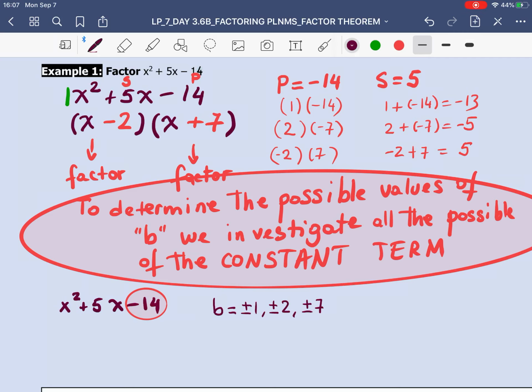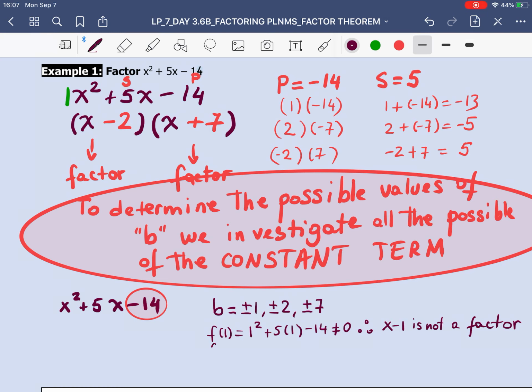The next thing you want to do is find out what the value of this trinomial will be at each and every number. So f of 1 would equal 1 squared plus 5 times 1 minus 14. That's different than 0. That means that x minus 1, so x minus b, in our case b is 1, is not a factor.